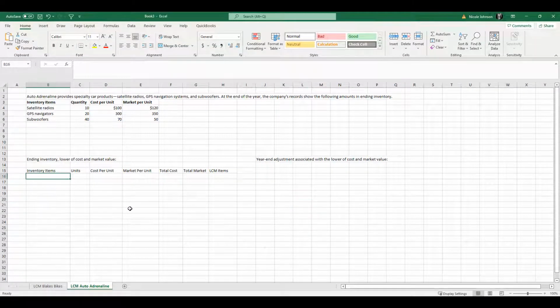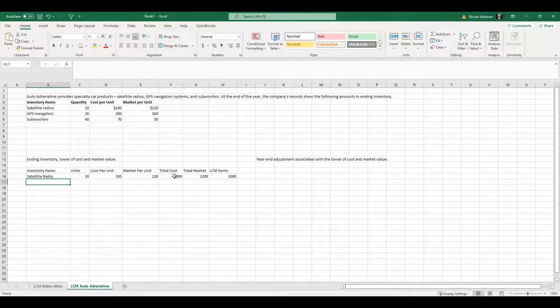Okay, so satellite radio. We have 10 of these. $100 per unit. 120 is the market value. Total cost is going to equal 10 times 100. Total market is going to equal 10 times 120. So the lower of these two is going to be our total cost.